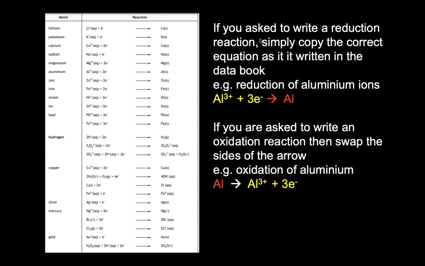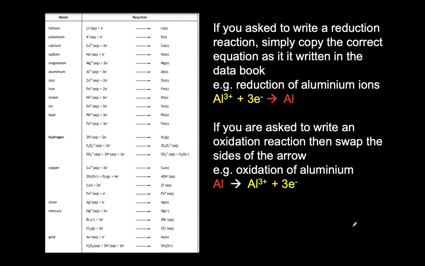If you're ever asked to write a reduction reaction, you simply copy the correct equation as written in the data booklet. So you have this in your data booklet. When you're asked to write a reduction reaction, you write it exactly as it is in the book. For example, the reduction of aluminium ions. You find aluminium and you write it out from left to right, as shown here.